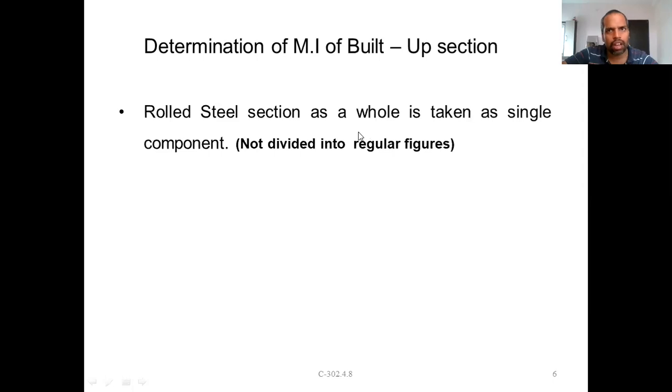These single steel sections you have to take as a whole section, and not divided into regular figures. Don't divide into top flange separate, web separate, and bottom flange separate like this. You are not supposed to divide like that.